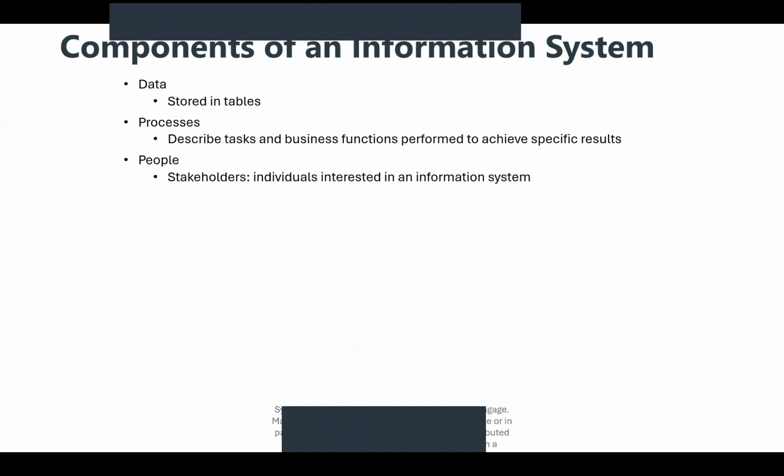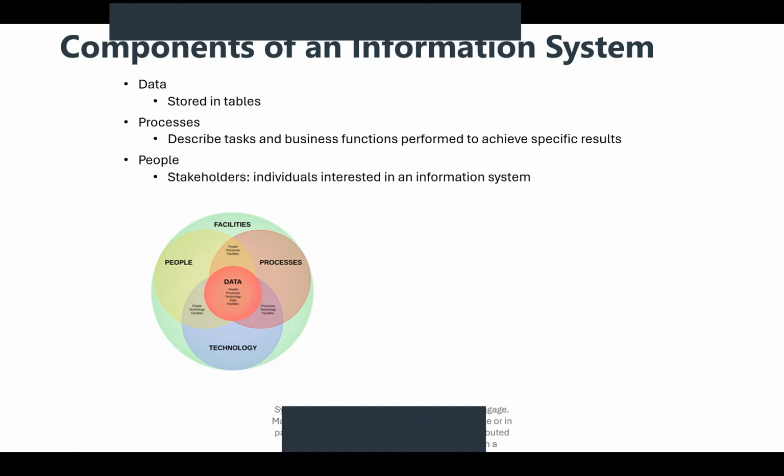And when you create a complete information system, it consists of hardware, software, processes, people, and data. So it consists of data, all the data that you require to build a software or to build an information system is stored in a database or in a table. We require processes that describe tasks and business functions performed to achieve specific results.